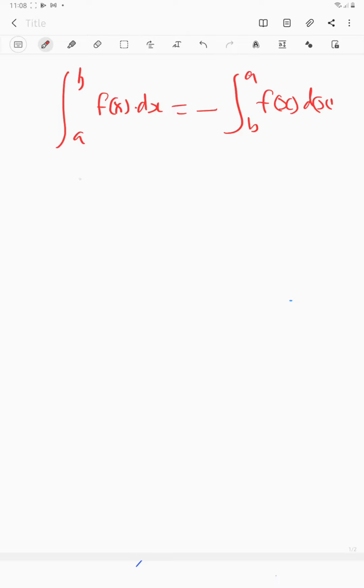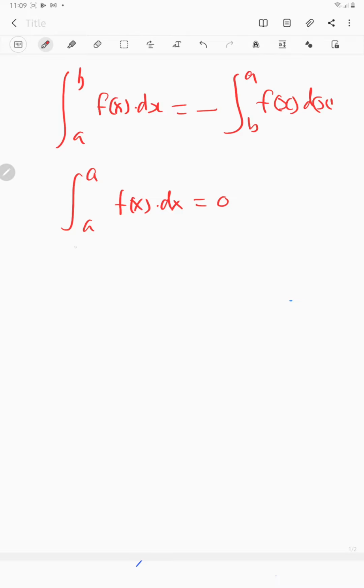And at the same time, the integral from a to a of f(x) dx, the answer is 0. That's the way we normally put it at that level. So these are some of the properties that define the integral.